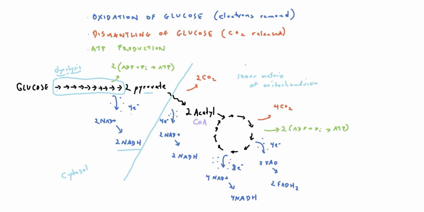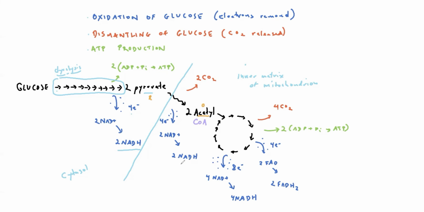What happens is that the pyruvates are converted into 2 acetyl groups. Acetyl groups are also going to be oxidized relative to pyruvate. In other words, pyruvate relative to the acetyl groups is reduced. Acetyl groups relative to pyruvate are oxidized, and the electrons are coming off.